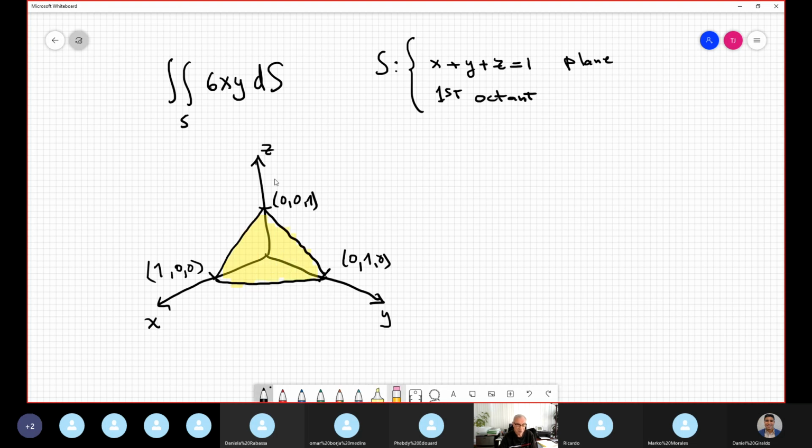Okay, nice. Let me try now to find dS. And the formula for dS is always the same. Suppose we use the explicit one. You isolate z, which is 1 minus x minus y. The formula is square root of fx squared plus fy squared plus 1, dx dy.